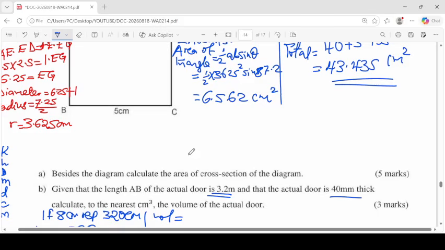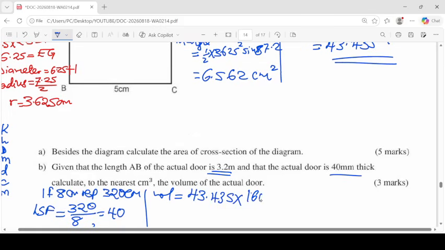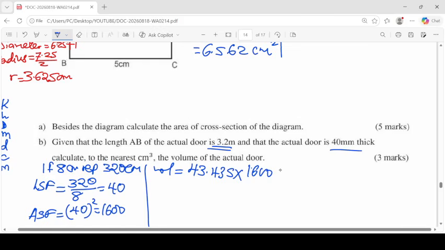43.435. We are going to have 43.435 times our scale factor, which is 1600, times the actual thickness, which is 40 millimeters. In terms of centimeters, this is 4, because 40 millimeters is just like saying 4 centimeters.